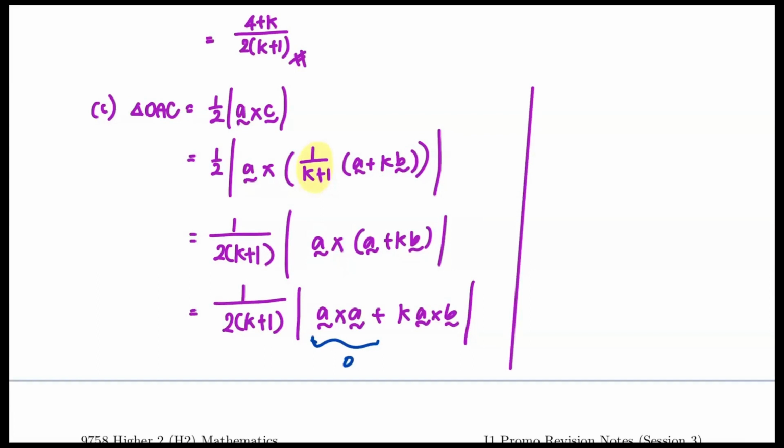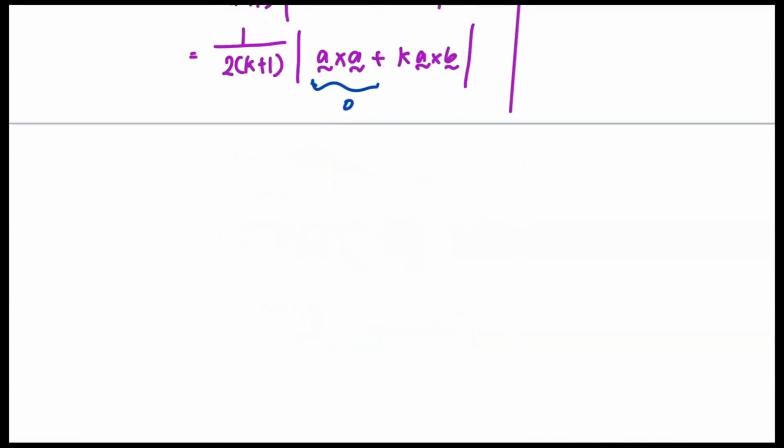What's the formula for A cross B? Yes, mod A mod B sin theta. Let me continue my working. So this is 1 over 2(k plus 1) modded 0, don't care. The k, we leave it as it is. We get mod A mod B sine what angle? 60 degrees, right?